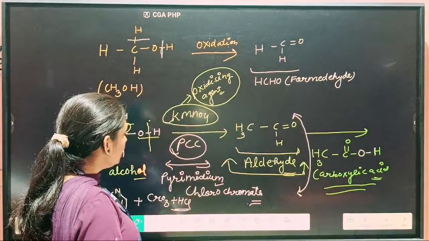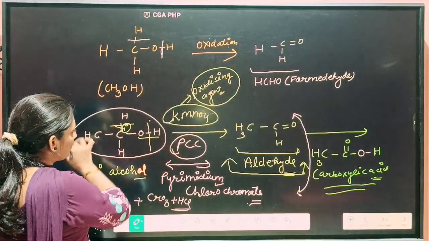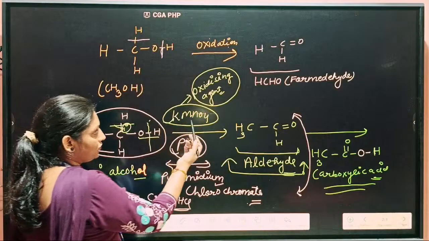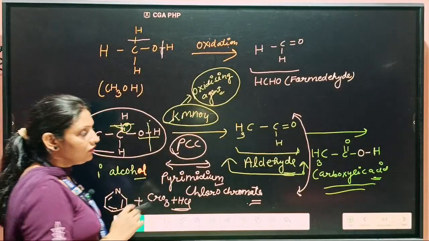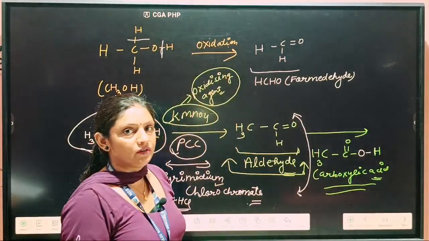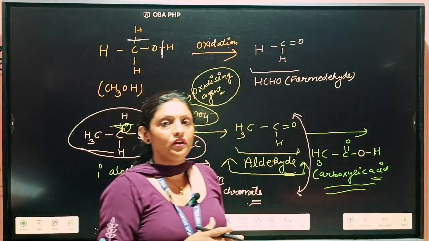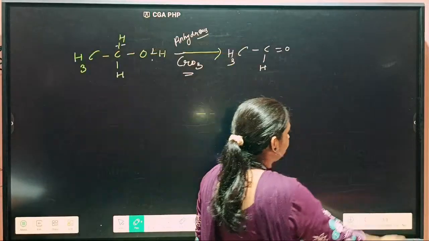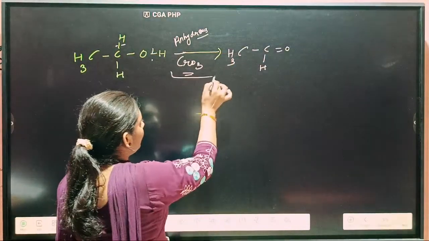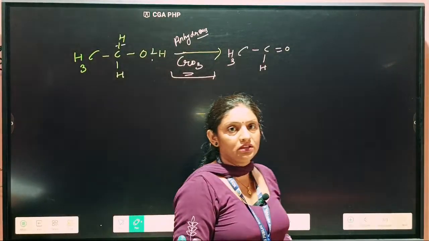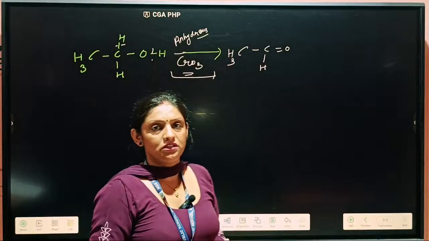So students, from primary alcohol, by oxidation in presence of a strong oxidizing agent, we will get the carboxylic acid. But if we want aldehyde only, either we will do the reaction in presence of anhydrous chromium oxide, or we will proceed in presence of PCC.